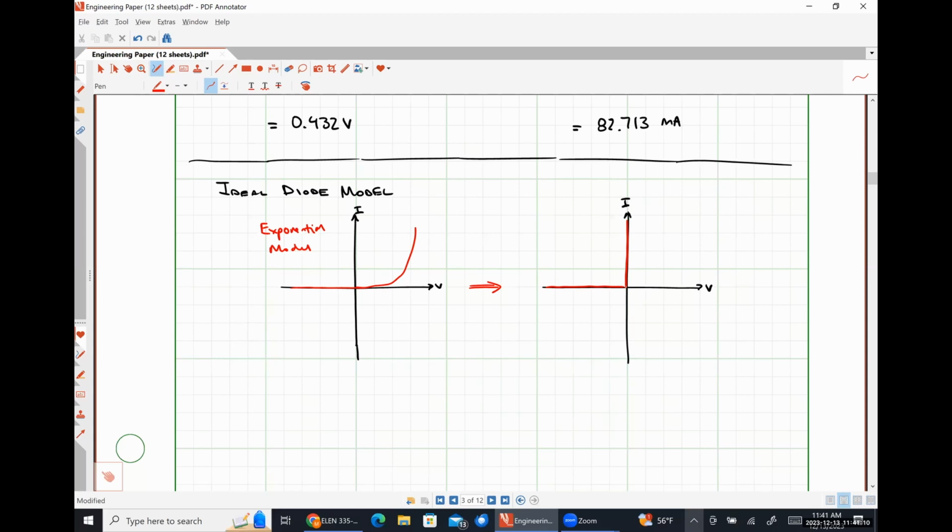Effectively saying that our diode is a unidirectional valve for current flow, meaning that if it's reverse biased, no current flows whatsoever. And if it's forward biased, any amount of current that we need to flow can flow. And the voltage drop across it is effectively zero. So it's either an open circuit or a short circuit.